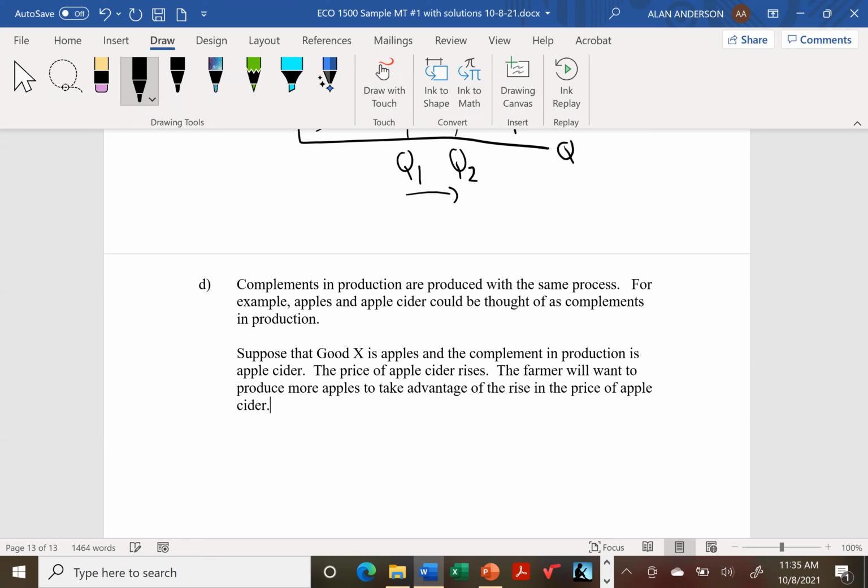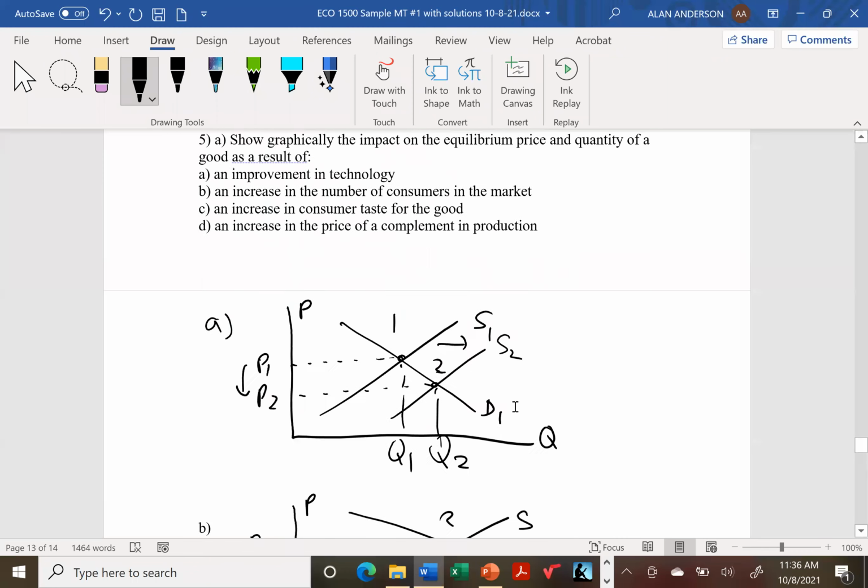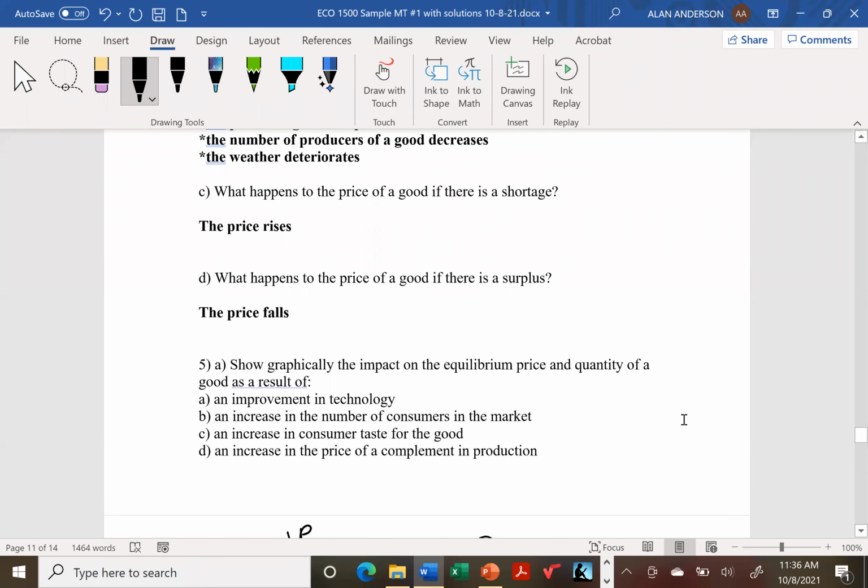Even though there's no change in the demand for apples, because we can make apple cider out of those apples, if there's a stronger demand for the apple cider, then it makes sense to produce more apples. In other words, I guess we should say harvest more apples.